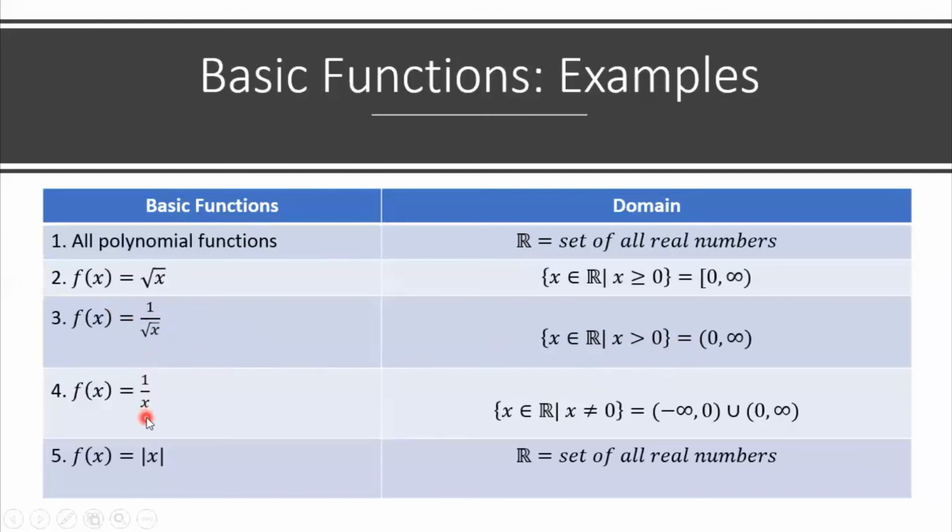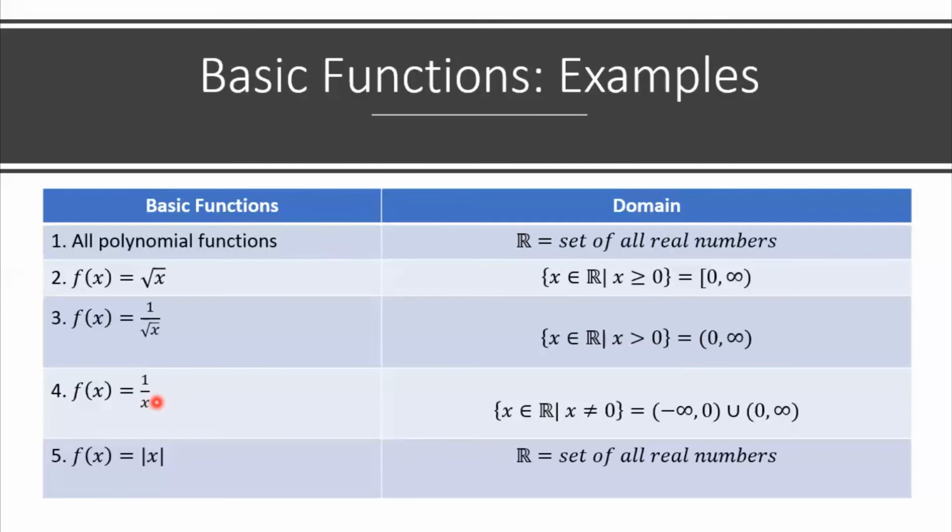How about 1 over x? Take note, if it is a rational function, the domain is the set of values that can make the function defined. So if it is rational, we have to look at the values in the denominator, and those will be exempted from the domain.